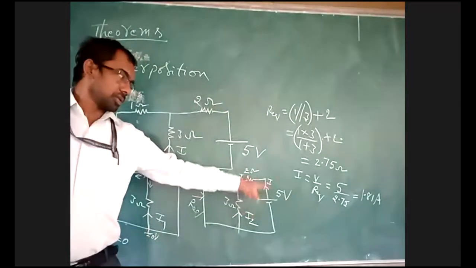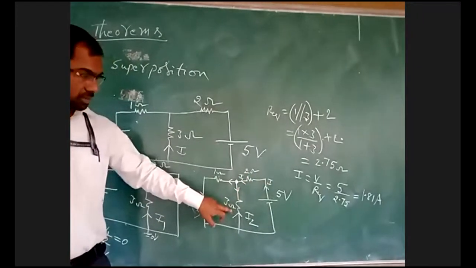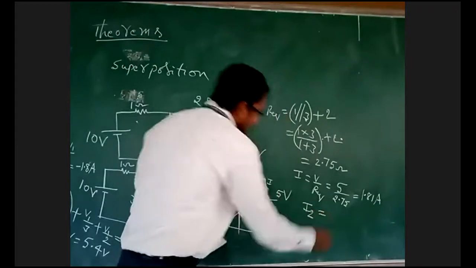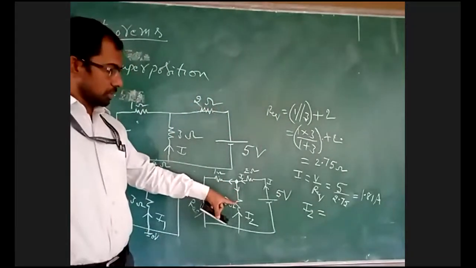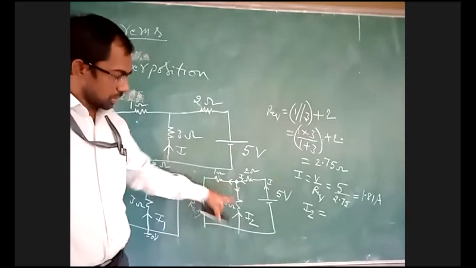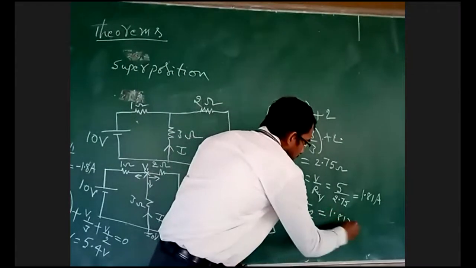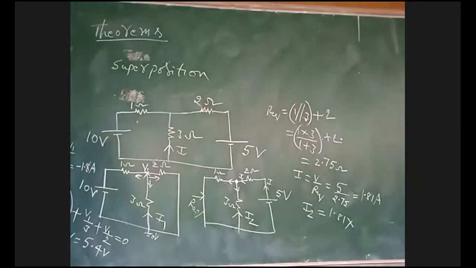I is the total current flowing in 2 ohms. But I want the current in 3 ohms, I2. The total current for these 2 branches is I, which is 1.81. What is the opposite branch for 3 ohms? I2 is equal to total current into opposite branch resistance by total resistance of parallel branches.